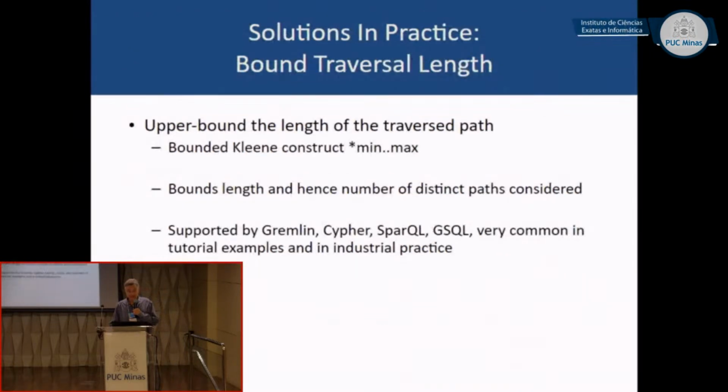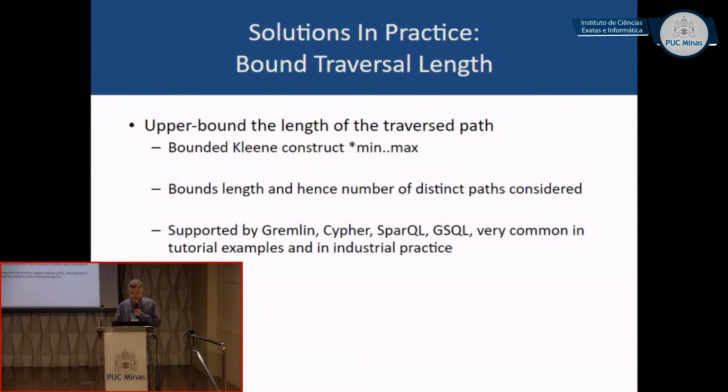For that reason, there are a bunch of solutions that have been adopted in practice, and I'll show you how they have made it into the standard. One of them is to just bound the traversal length.